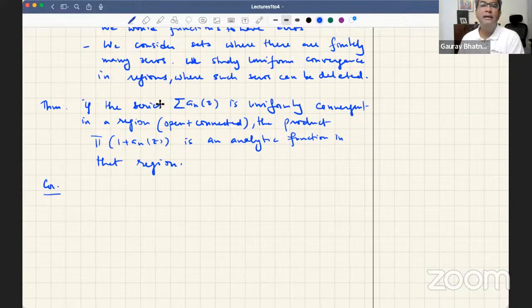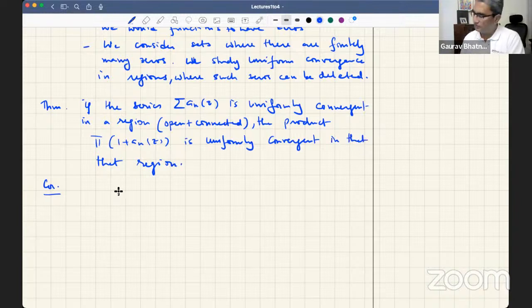No, wait, I'm mixing things. The product is uniformly convergent in that region. So this follows from the previous result.